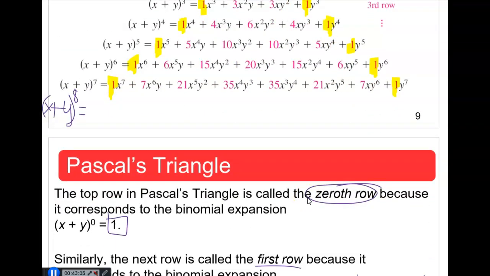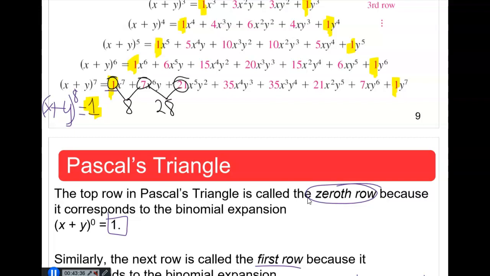So the very first one, we have to start with a 1. The next coefficient is going to come from adding 1 plus 7, and that will give me 8. Then the next coefficient will be from adding 7 plus 21, and that will give me 28.